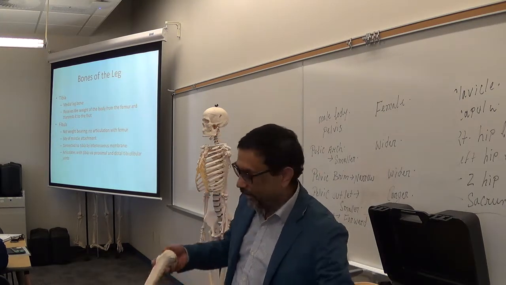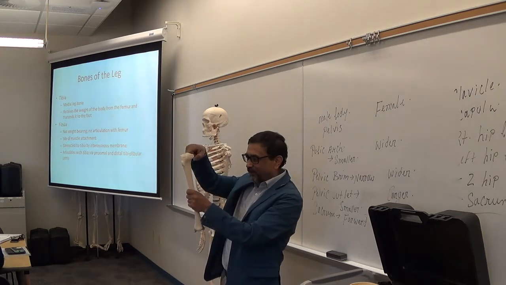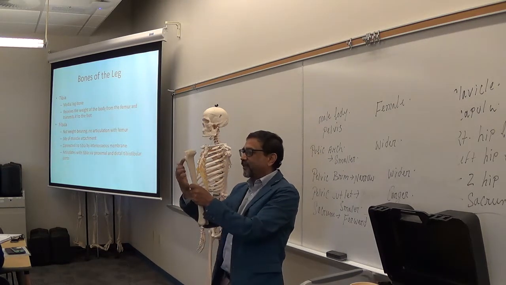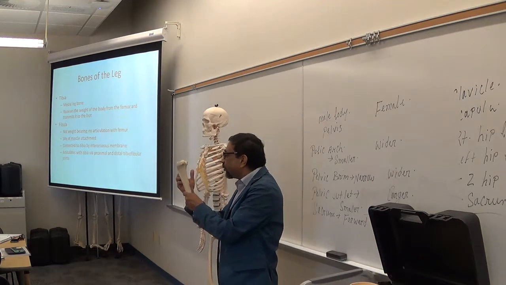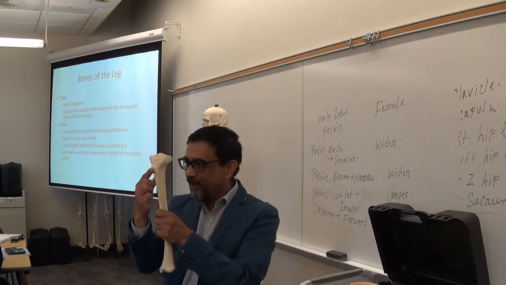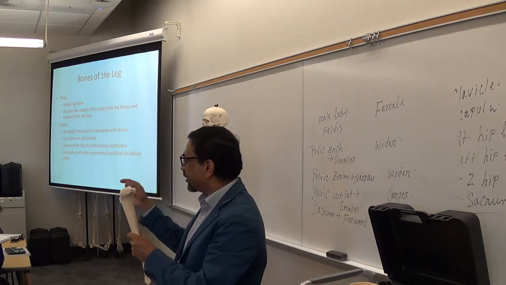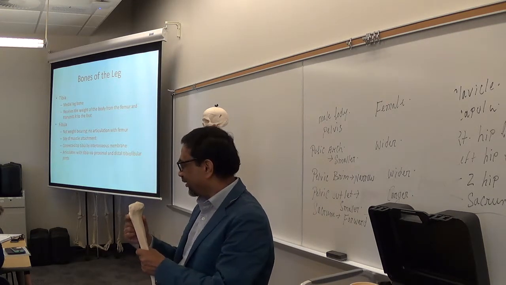First we'll see the upper end. How many condyles does it have? 2, right? And in the front of the upper end, you have an important structure that is called tibial tuberosity. It's a rough area, tibial tuberosity. A very important structure is attached there, that is called the patellar ligament.